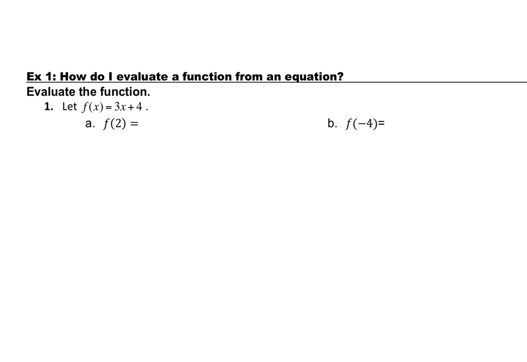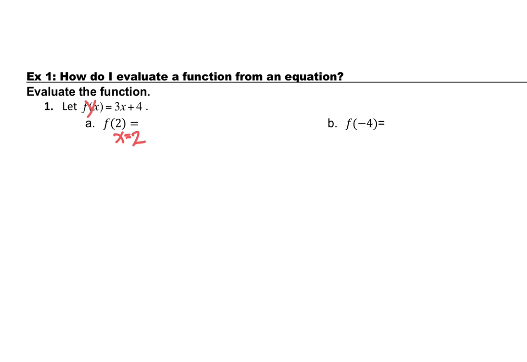So example 1, how do I evaluate a function from an equation? Number 1, let the f of x equal 3x plus 4. The f of x is the exact same thing as saying that you've got y. And then when you've got the f of 2, the number in that parentheses is the x.